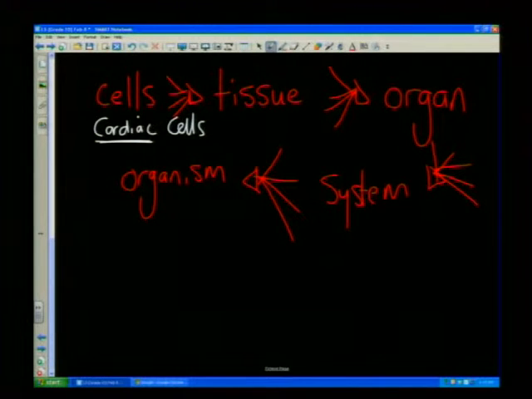So all your different little cardiac cells will join together to form the tissue that makes up the heart tissue. And that heart tissue will end up joining to form the heart.